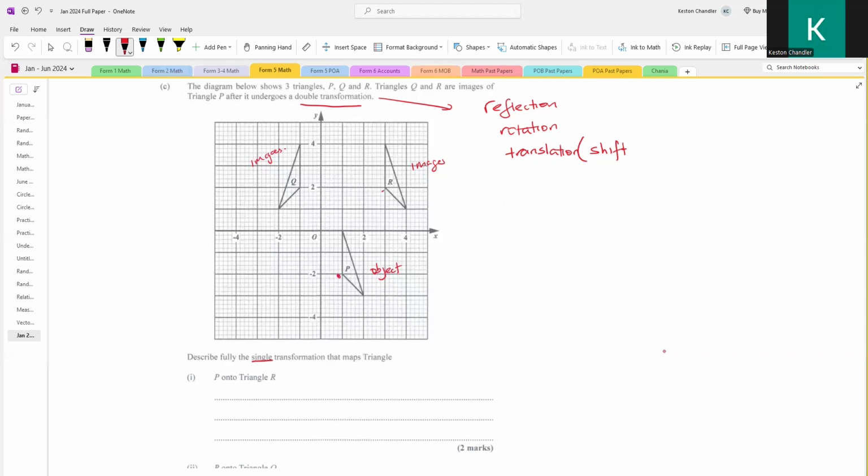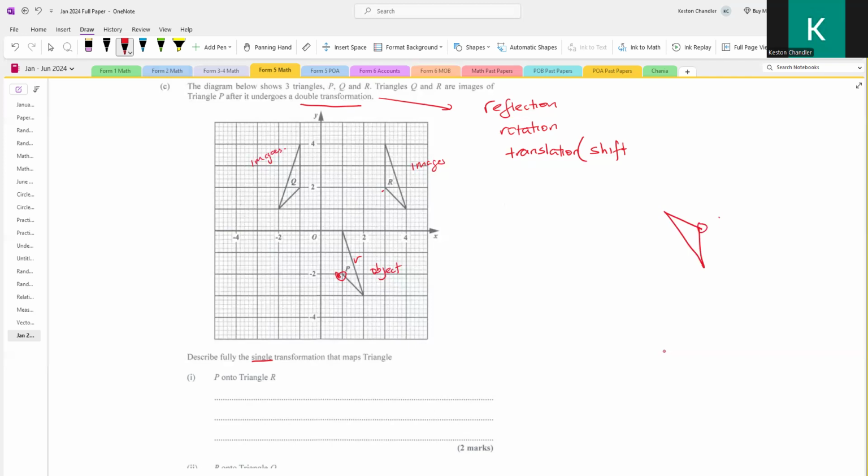If I take the original triangle and put it on top of this, it's still looking the same. But if I take this triangle and try to put it on this, you'd realize that these two points are on opposite sides. So that in itself tells me that something more has happened.